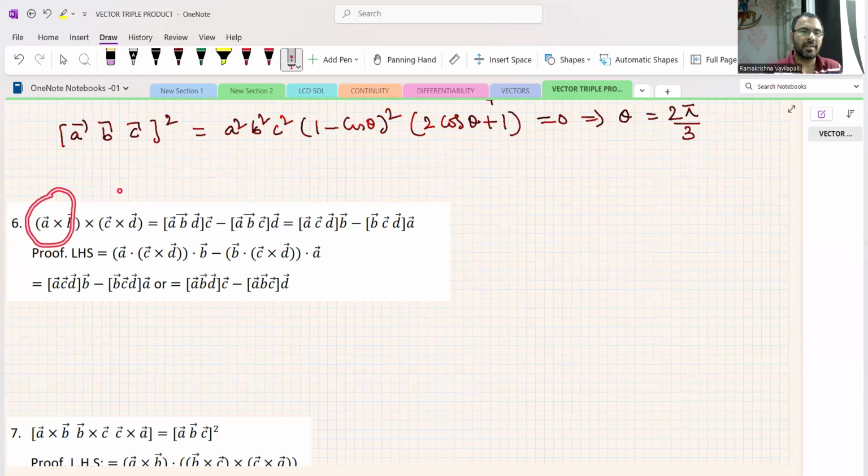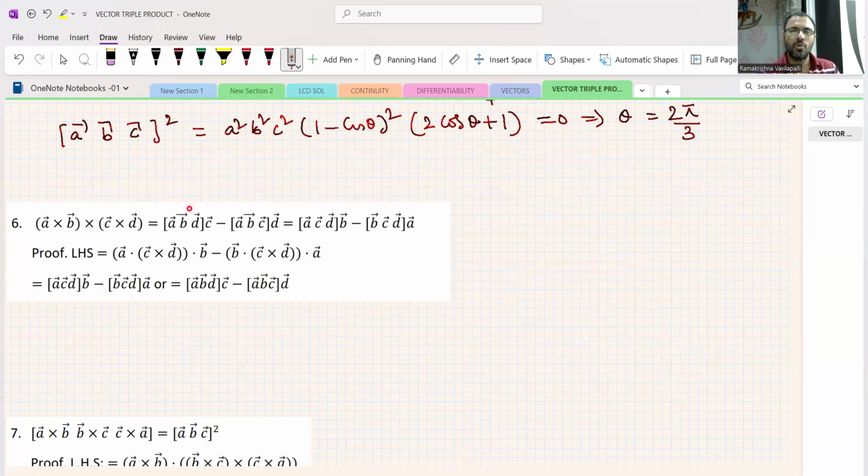See, this is the case. This vector may lie in the plane of A bar and B bar, or it may lie in the plane of C bar and D bar. So you can write it as a linear combination of A and B, or as a linear combination of C bar and D bar. In either way, you can write.